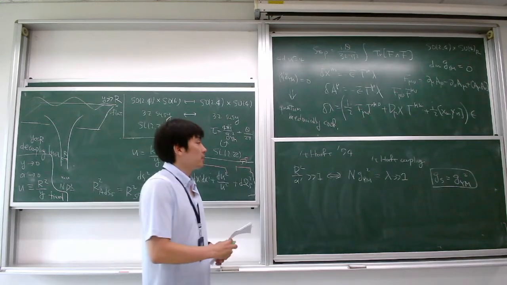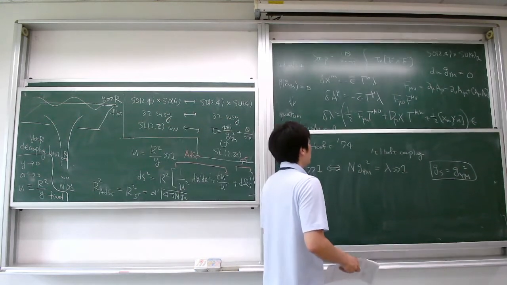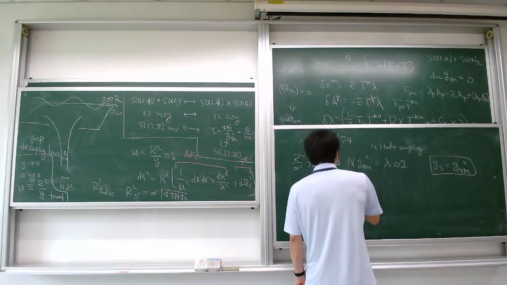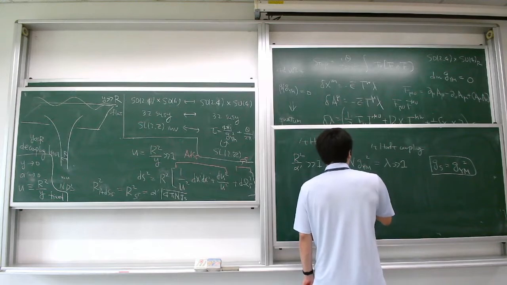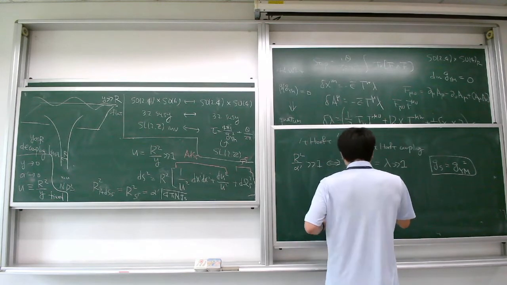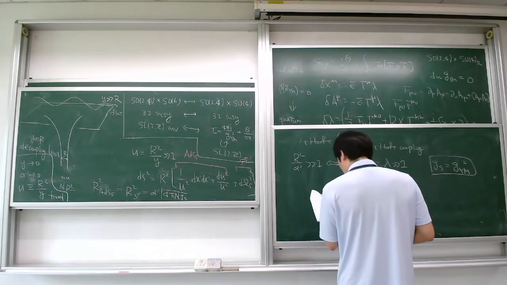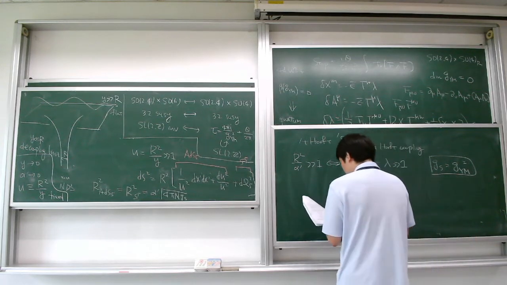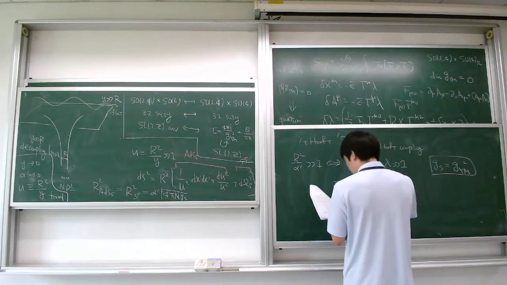And then what the Maldacena conjecture says is that in this region, the 5D type 2B supergravity action, supergravity or string theory, sorry.